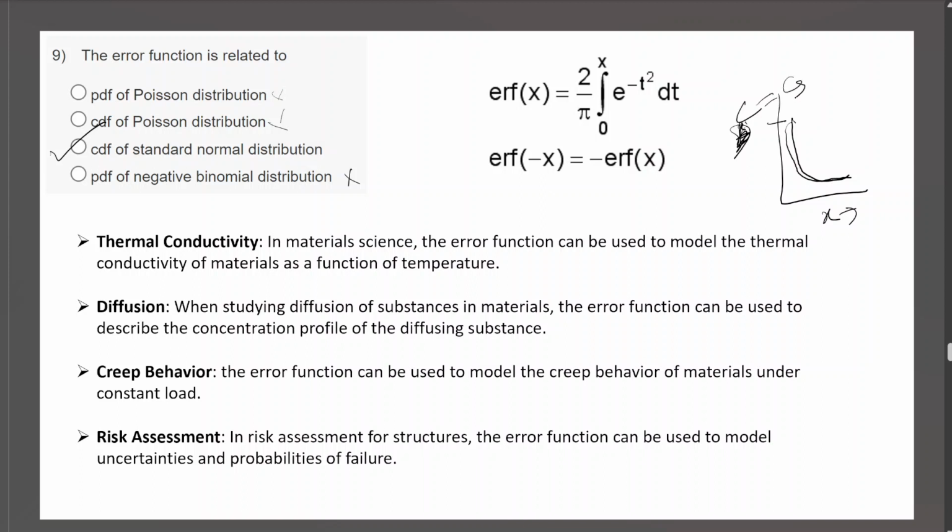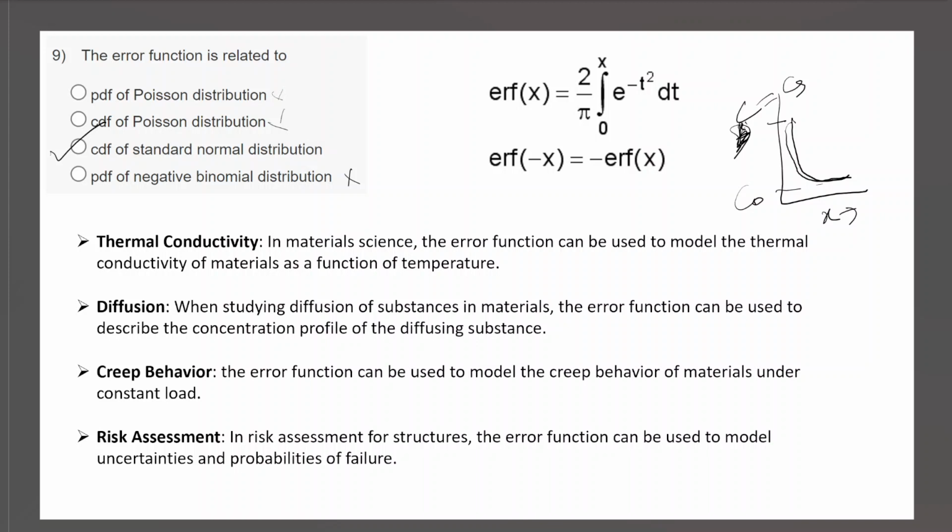C is equal to Cs at the surface, and then the concentration decreases to C0, the material composition. So this is also modeled using the error function. If you are a metallurgist, you can appreciate this.